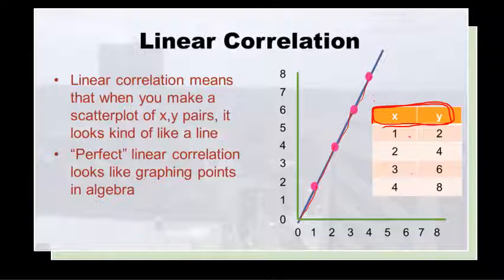See, a linear correlation means that when you make a scatter plot of your x and y pairs, it should look like a line. This would be a perfect linear correlation. Real life does not always look like that, but it can come close to it.